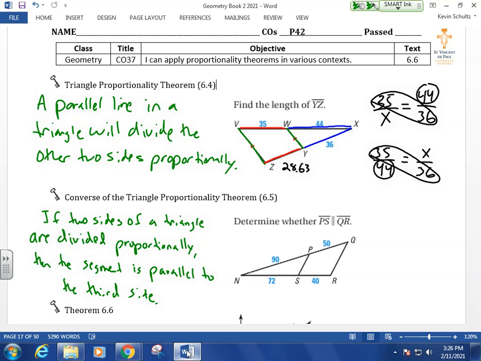And the segment that we're talking about is the one that's inside the triangle, that PS there. And then the third side, the one that's not marked with anything, is that QR.